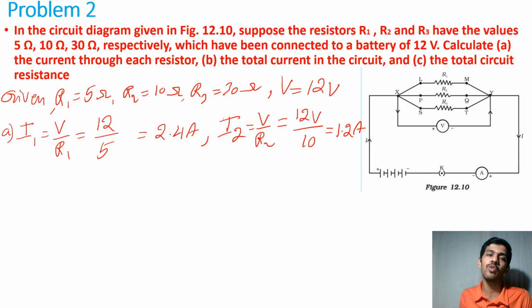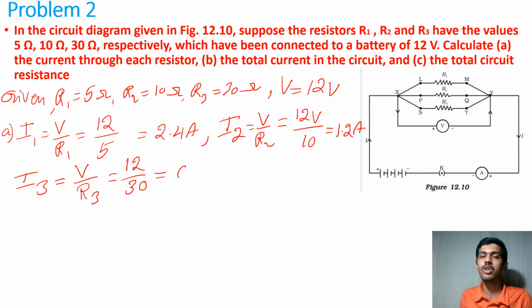Then we also need to find out I3, that is the current through the resistor R3, which is equal to V by R3, which is equal to 12 divided by R3. R3 is 30 here. So 0.4 amps is the answer for I3. So we have found out the sub question A now. The current through each resistor we have found.